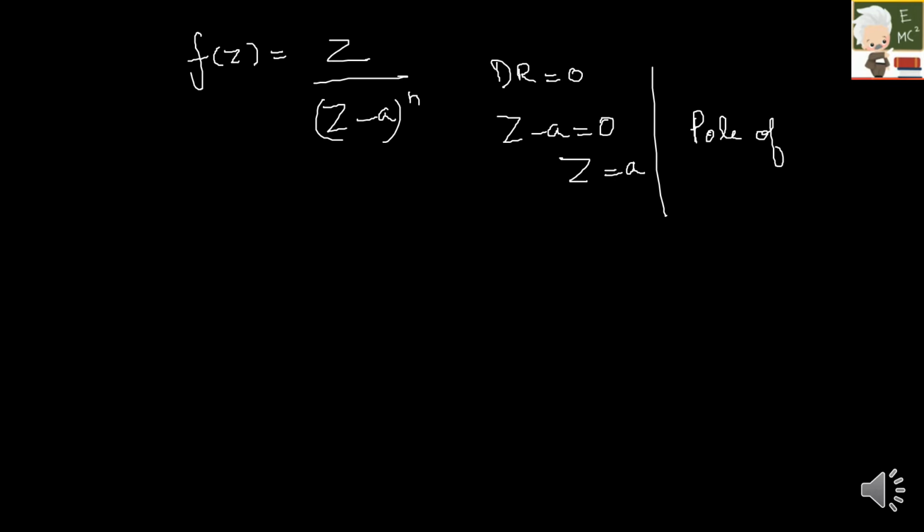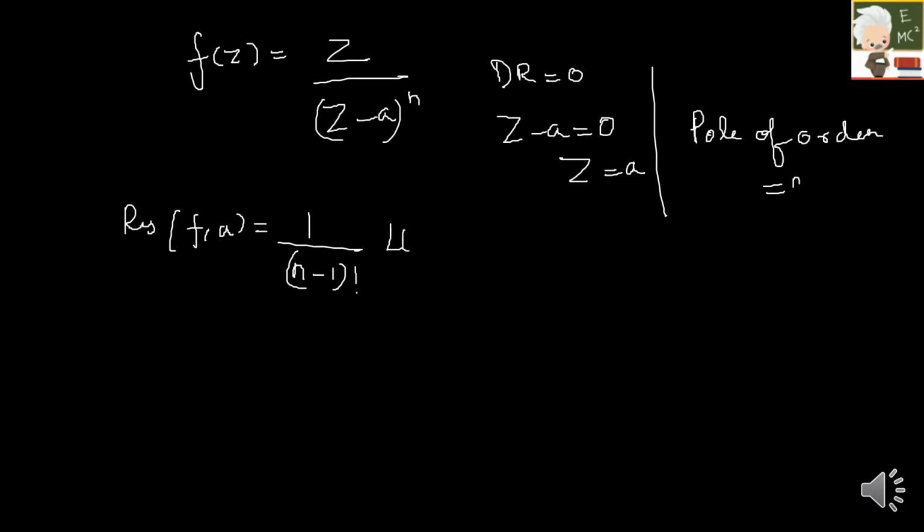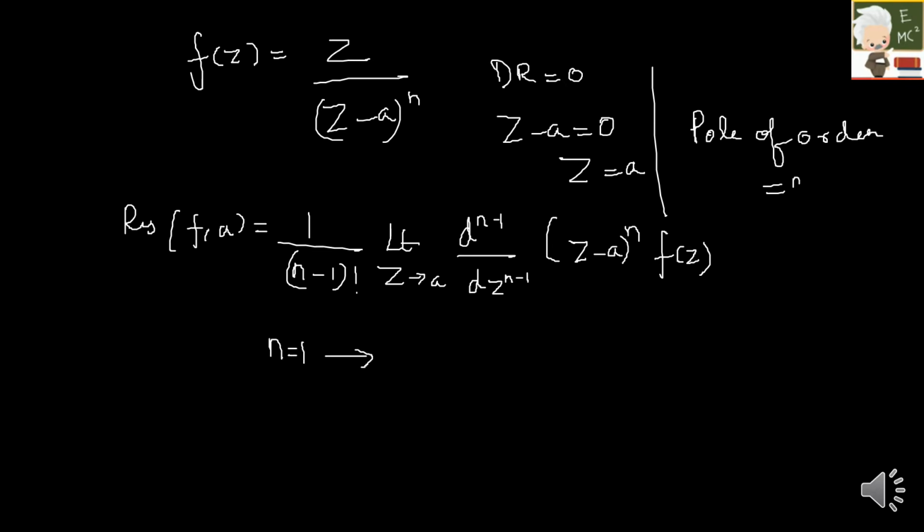So the residue at a is given by 1/(n-1)! times limit z tends to a of d^(n-1)/dz^(n-1) of (z - a)^n f(z). This is the formula we saw. Just to show how the formula came and what the terms are, I have given this example. And I have already said, if n = 1, it is nothing but a simple pole.